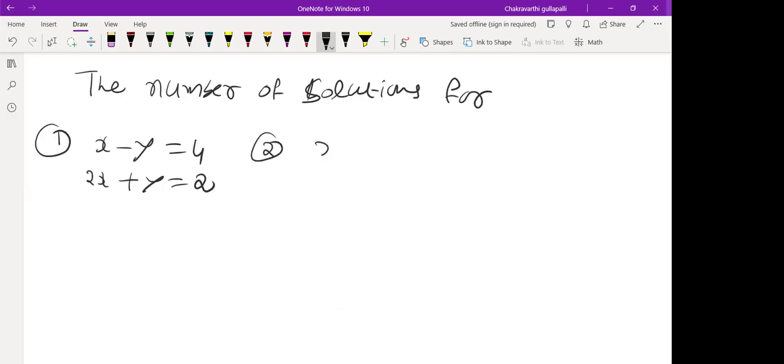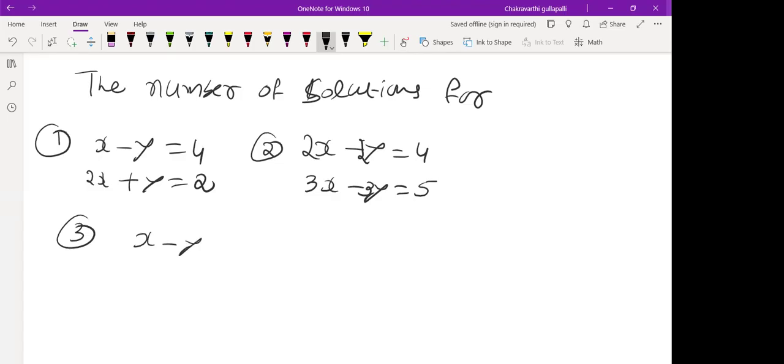Number 2, x minus y is 4, 2x minus 2y is 4, 3x minus 3y is equal to 5. Number 3, x minus y is equal to 4, 2x minus 2y is equal to 8. Here I will take 3x minus 3y is equal to 12.